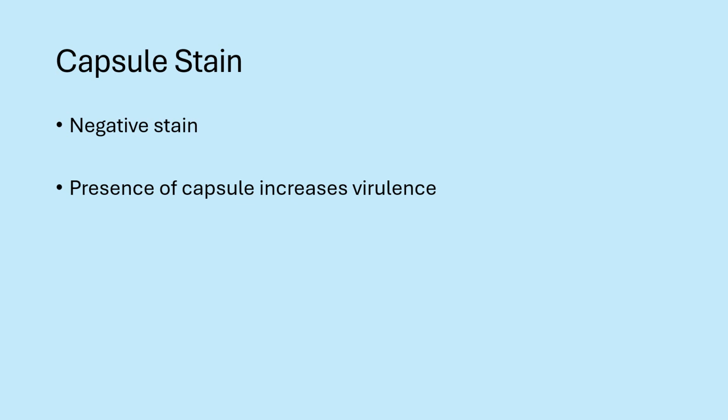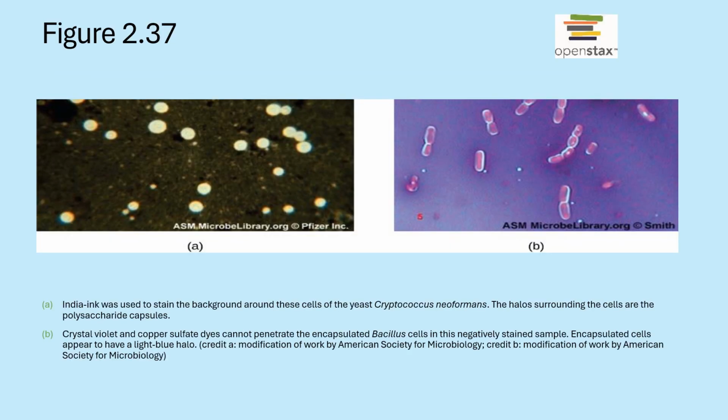That's going to make it more pathogenic, more capable of causing a disease. So you want to see that. Is it present or not? This uses a couple different types of stains, but they're both negative. So you can see the background picks up the darker color. And what you're looking for is like a halo around.